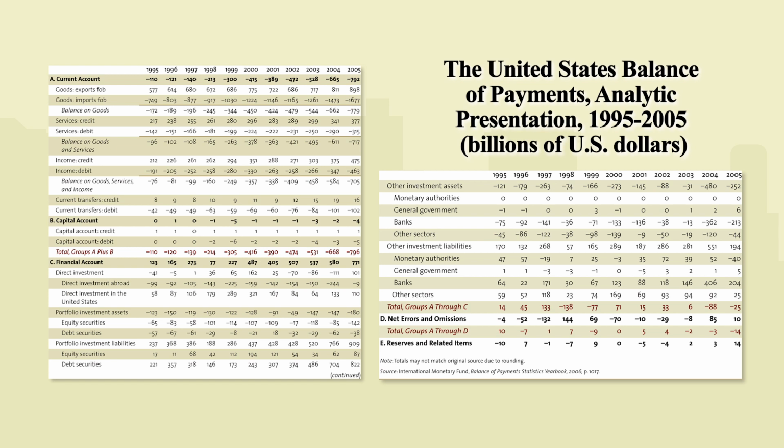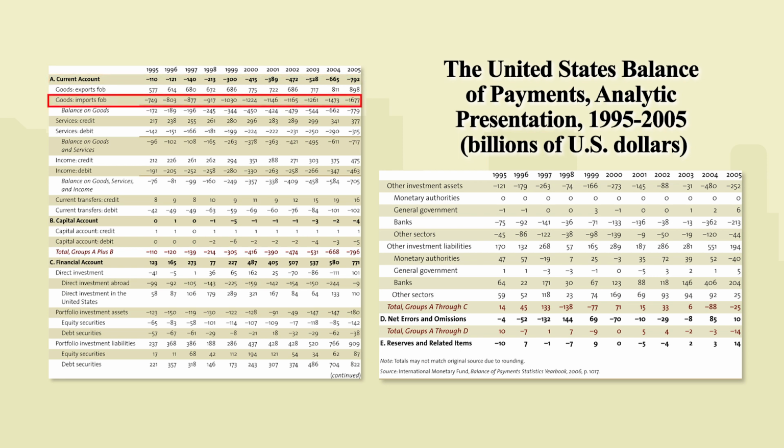This exhibit shows the United States balance of payments from 1995 to 2005 in analytic presentation. By observing the numbers, we can get a lot of information during the period. Goods exports and imports increased.